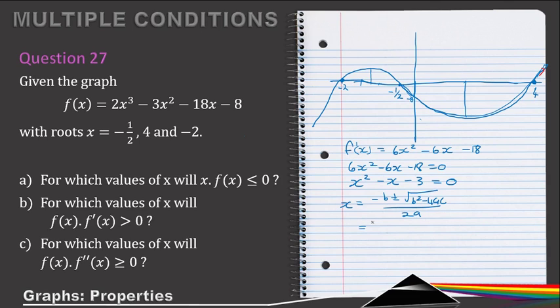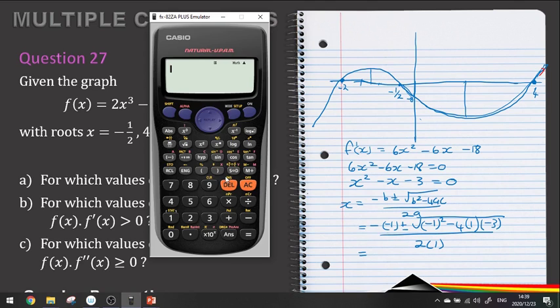Let's substitute that in: -(-1) plus or minus the square root of (-1) squared minus 4 times a, which is 1, times c, which is -3, over 2 times 1. So we have 1, because the minus and minus is just a plus, plus or minus the square root of 1 plus 12, over 2.